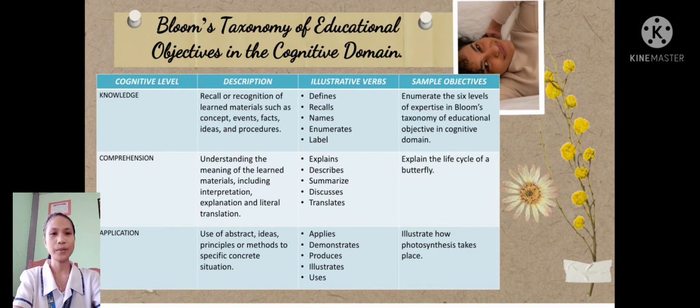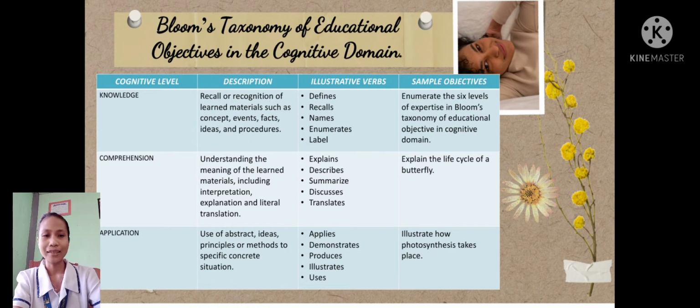The illustrative verbs that can be used under the cognitive level knowledge are define, recall, name, enumerate, and label. An example of this cognitive level is: enumerate the 6 levels of expertise under Bloom's taxonomy of educational objectives in the cognitive domain.